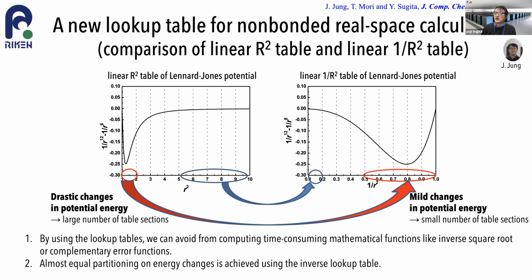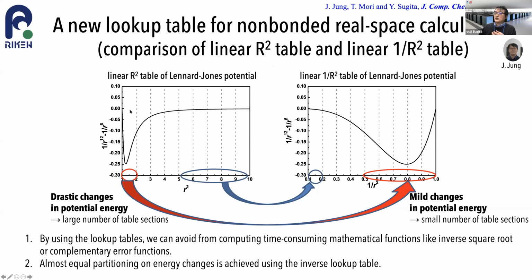But what is different between other approaches and our software is we are using not just a linear R squared table, but we are using inverse R squared tables, because this case is actually better in several points.